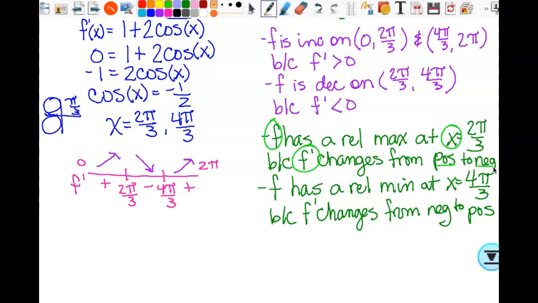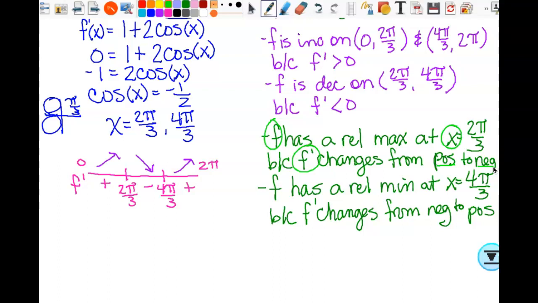Positive and negative? Oh yeah, so if I substituted something in between 0 and 2 pi thirds, like, I don't know, pi halves, right? And I'm putting it into here. If I put in the cosine of pi halves, well, that's 0, that's dumb.